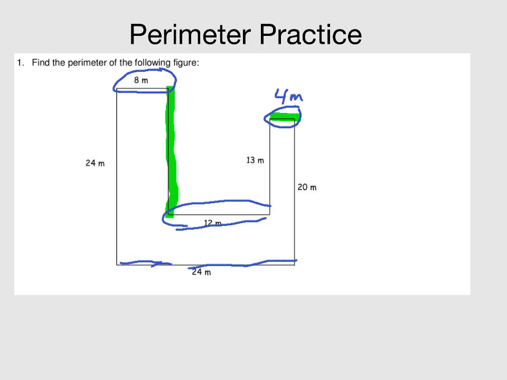Now the other side, which you're required to find, is the vertical that is highlighted in green as well. To do this, there's two different ways. I'd like you to have a look and see if you can find one way.